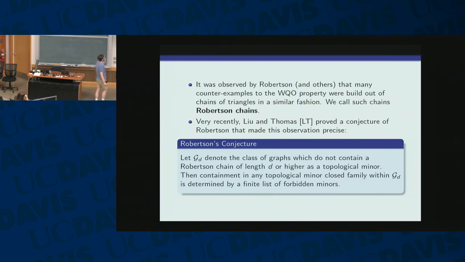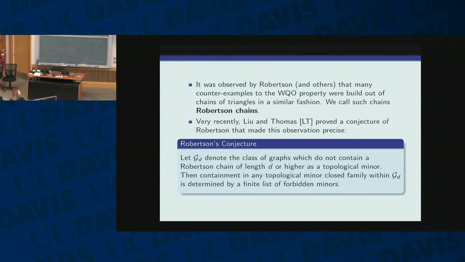So Robertson's conjecture states the following. Let G_d denote the class of graphs which do not contain a Robertson chain of length d or higher as a topological minor. So let's break this down for a second. G_1 says we do not have a Robertson chain of length 1 as a topological minor. What is a Robertson chain of length 1? It's a single triangle.